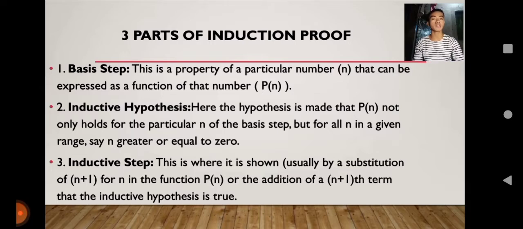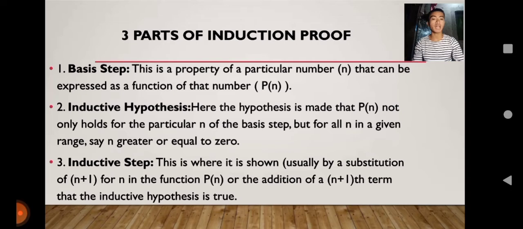Number two, induction hypothesis. Here the hypothesis is made that P of n holds not only for the particular n of the basis step, but for all n in a given range, say n greater than or equal to 0.